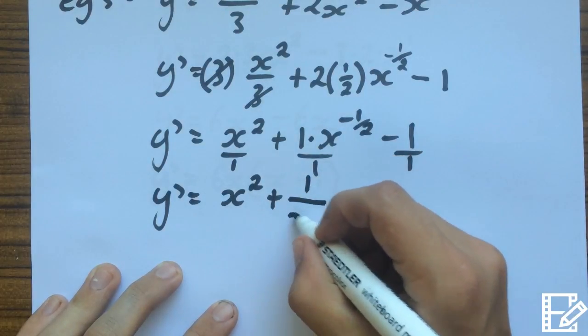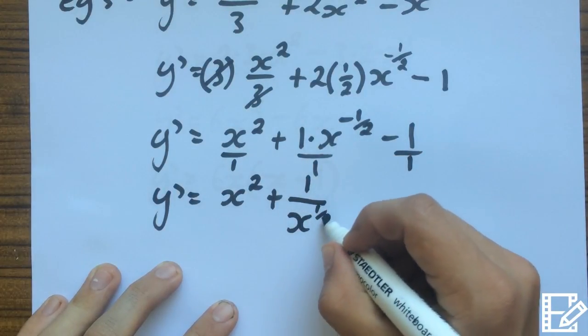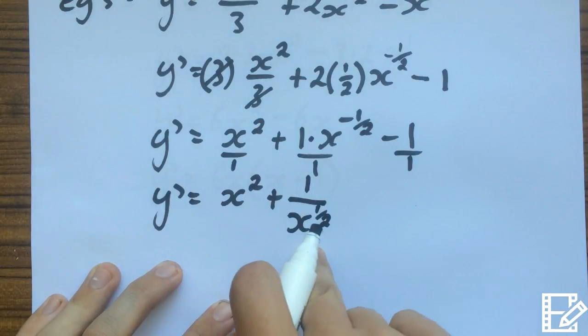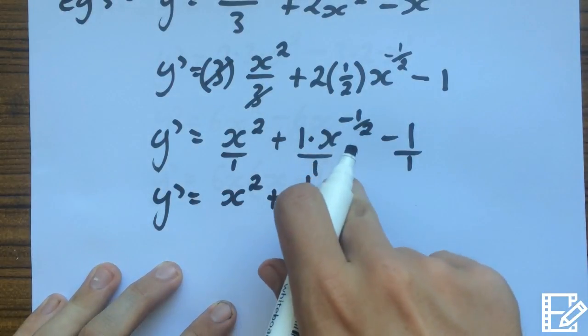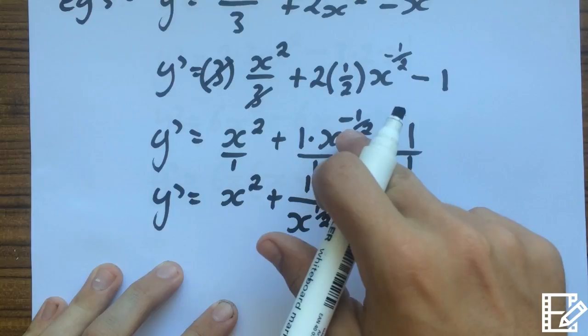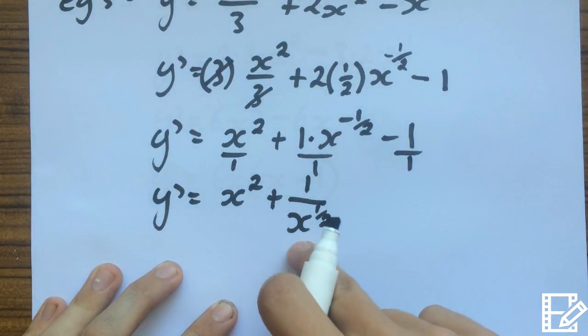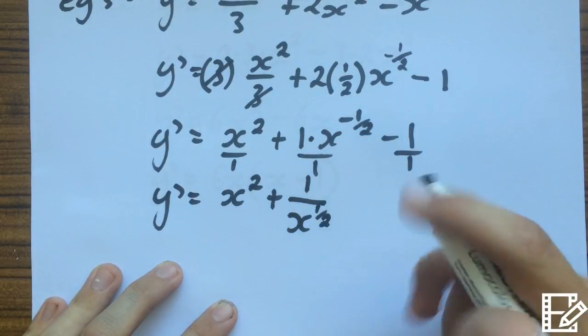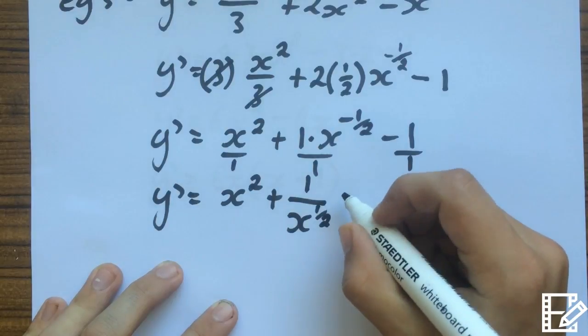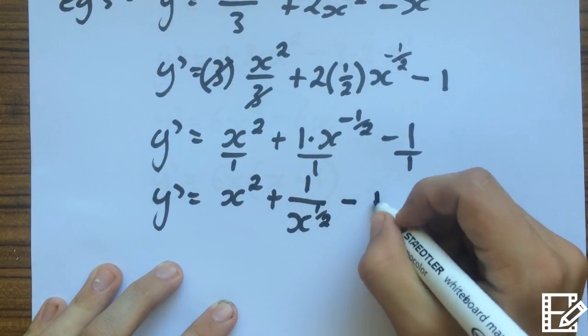So you'll have 1 over x to the power of a half. If it was negative on the bottom, you would bring it up to the top and make it positive. But because it was negative on the top, we can bring it down and make it positive by putting it on the bottom. And then what we're left with is minus 1.